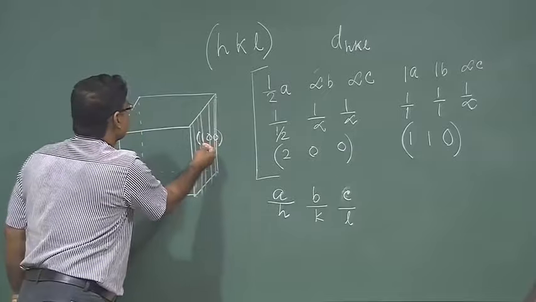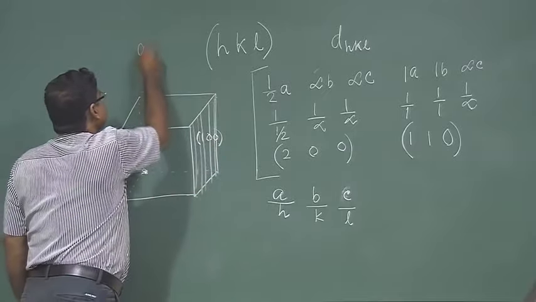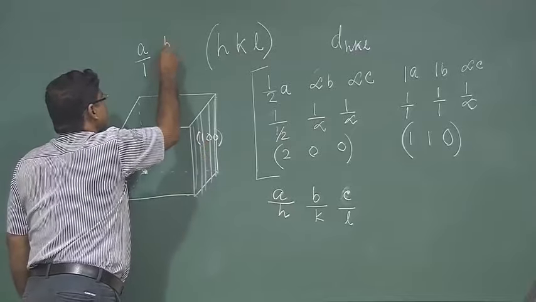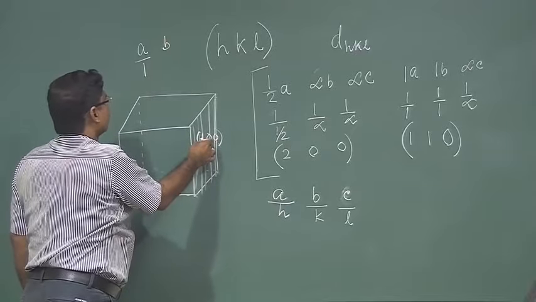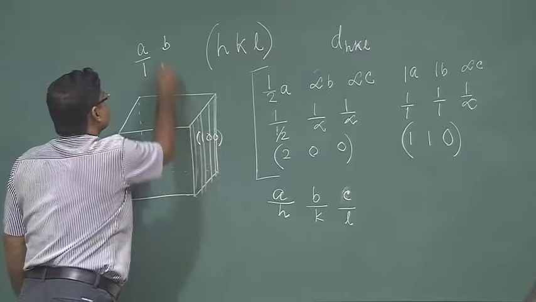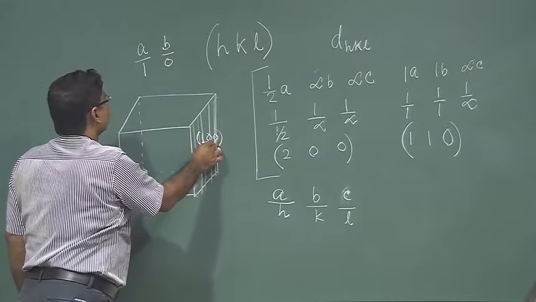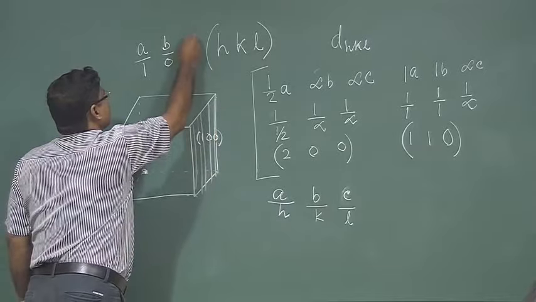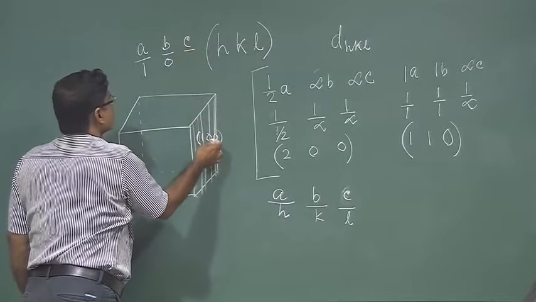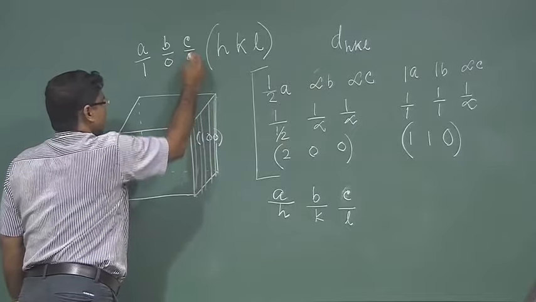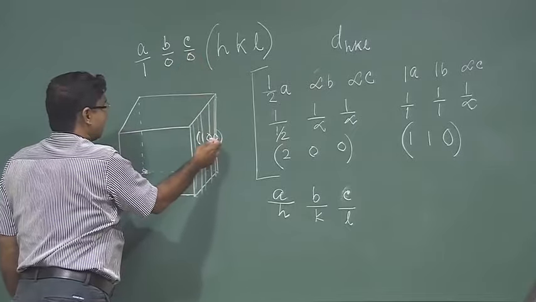It will intersect at a by h, means a by 1, b by k, k is 0, c by l, l is 0.